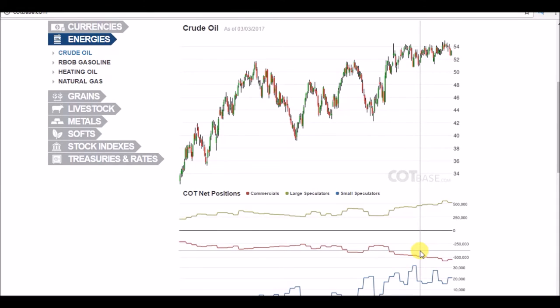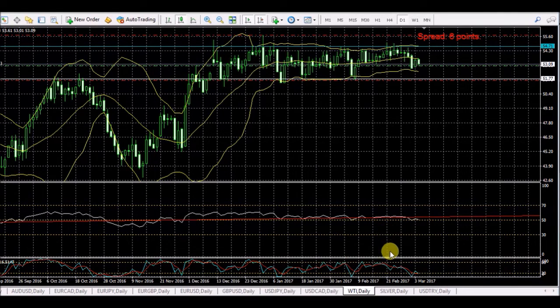They are more shorted or less shorted, and this gives us an indication of what's happening. In this week, they have got less short, so they might expect the oil to go long a little bit this week. We'll have a look how that goes. It's shorting a bit at the moment. As soon as it gets into profit, slightly down here, I'm going to put my stop loss behind it.